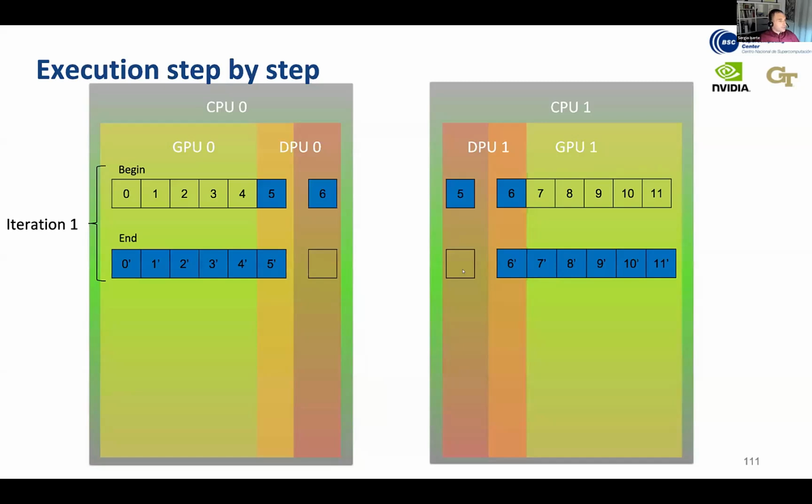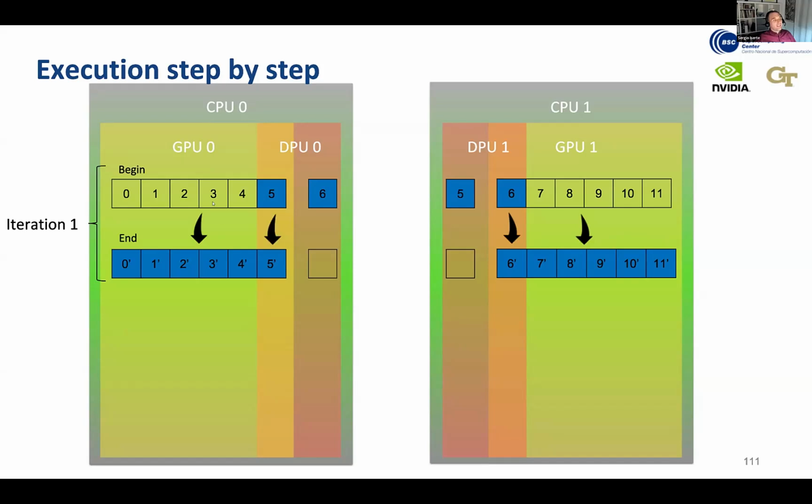So imagine this setup. We have two nodes, each one with a GPU and a DPU. In this case, logically we've assigned the massively parallel part of the subdomain to the GPU.